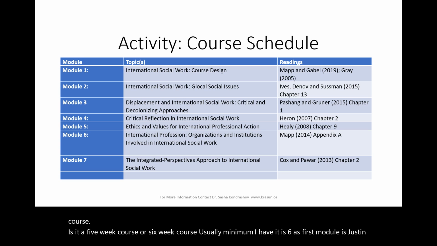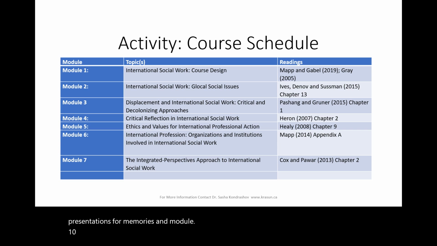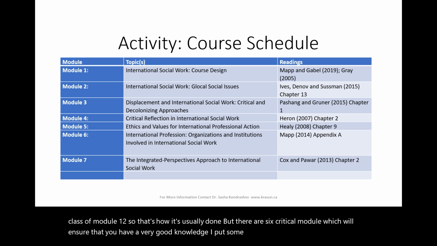Most of the time in a 12-week course, modules 8 and 9 are presentations on memoirs, modules 10 and 11 are presentations on organizations, and then we have a big feast at the end of the class in module 12. That's how it's usually done, but there are 6 critical modules which will ensure that you have very good knowledge. I put some of the key readings which usually stay. I change some readings every offering.